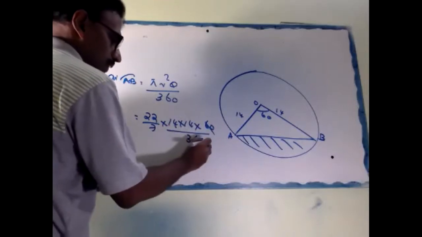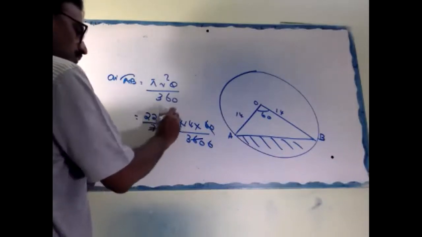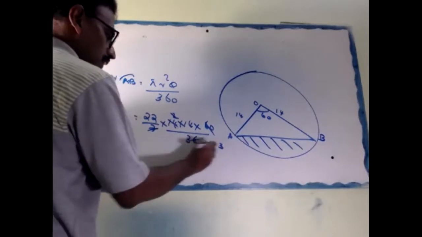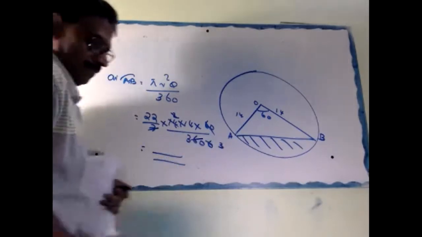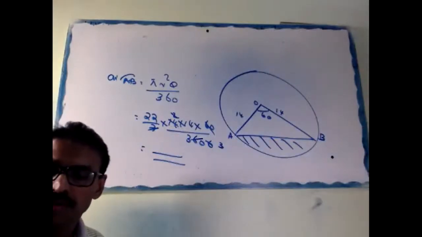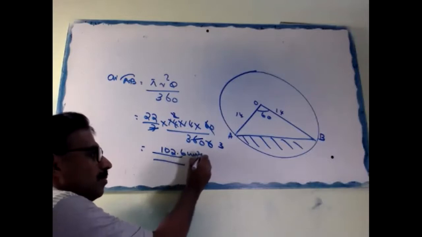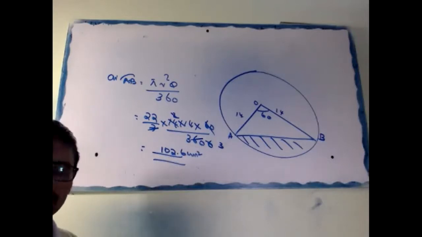Cancel here, 6. 7 cancel, 2. Cancel here, 3. How much did you get for this one? Okay, Carol got how much? 102.6 centimeter square.